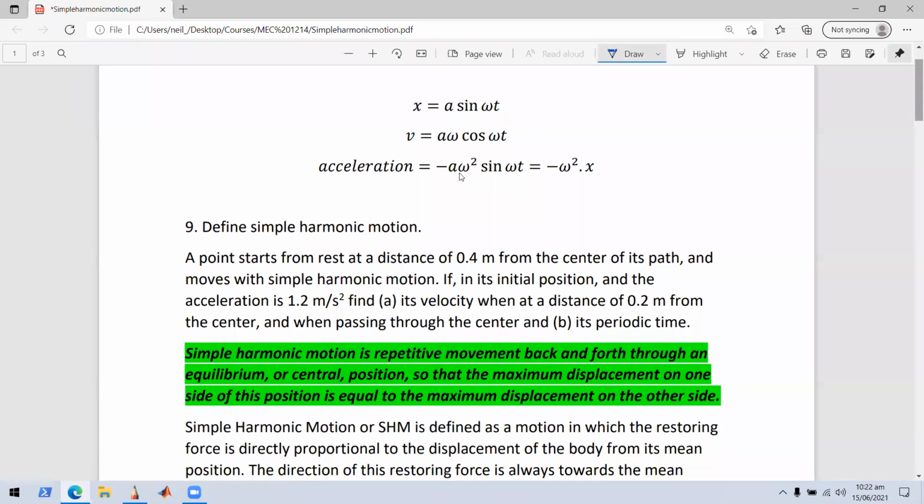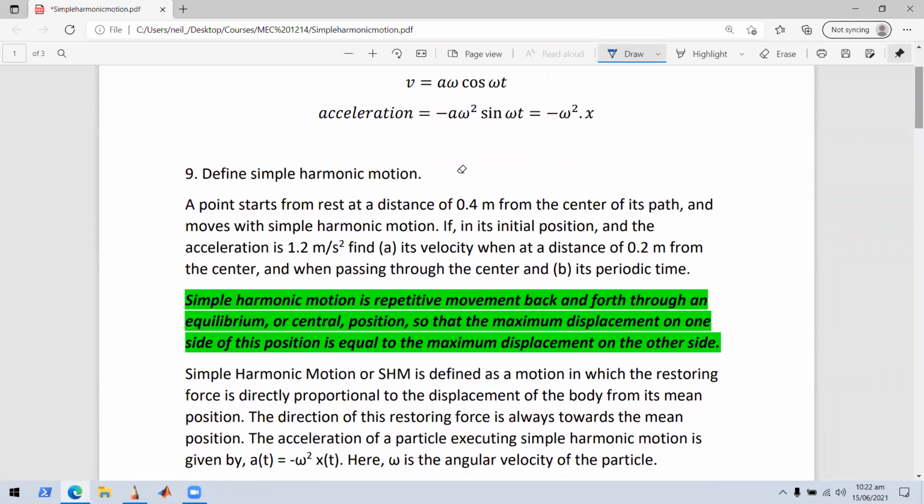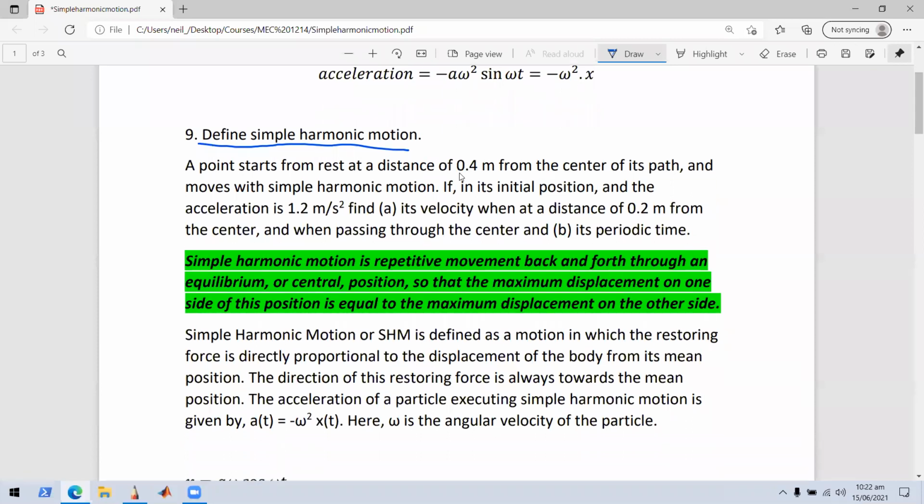Right, so first, we only have 2 questions today, so it shouldn't take too long. So number 9, first they say define simple harmonic motion, which I'm sure most of you can do. And then they start describing the problem, right? A point starts from rest at a distance of 0.4 meters from the center of its path and moves with simple harmonic motion.